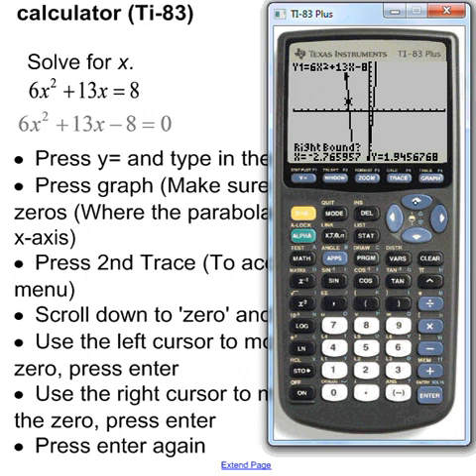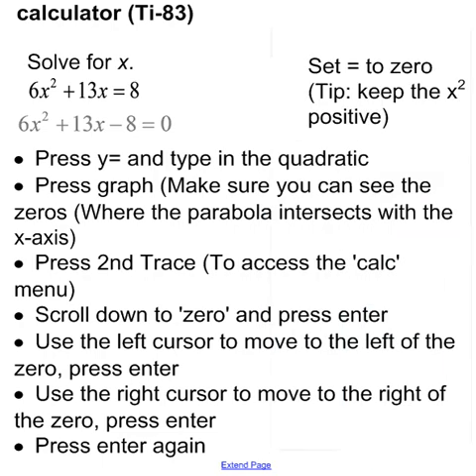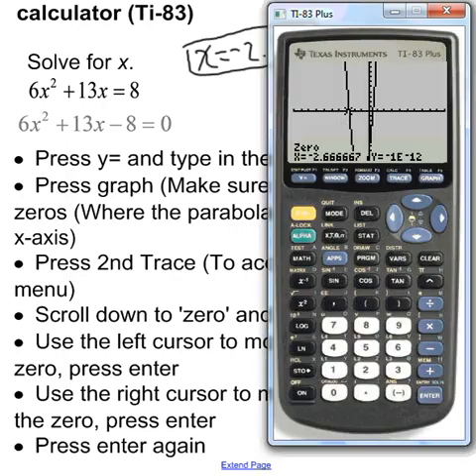Then it says right bound, you move to the right of it, press enter. Then press enter again, and there's your 0. You get x equals negative 2.6, approximately. We'll round it off to the nearest hundredth, so we'll say x equals negative 2.67. And, you know, that's the negative 8 over 3.